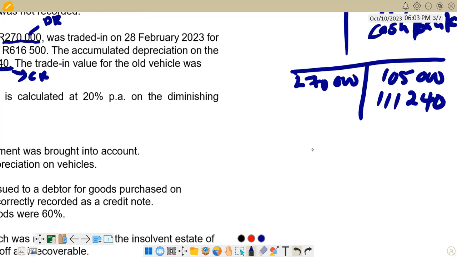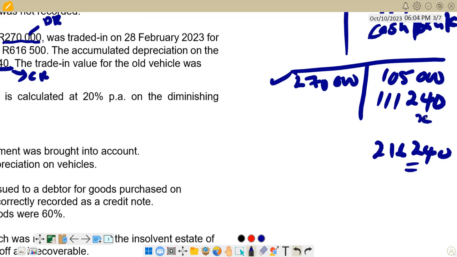So if you add the credit side, you say 105,000, you add the 111,240, you are supposed to get 216,240. And you see that this is a lesser total than the 270 that we have on the debit. So it means our balance is going to come here.